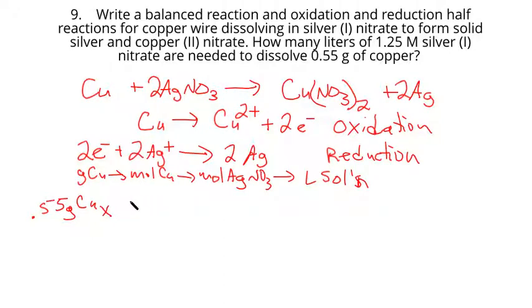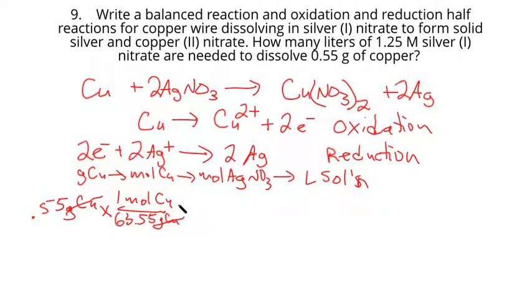We're going to use the molar mass or atomic mass of copper from the periodic table, which is 63.55 grams per mole. So we will put 1 mole of copper on the top is equal to 63.55 grams of copper. So our grams of copper will cancel out.